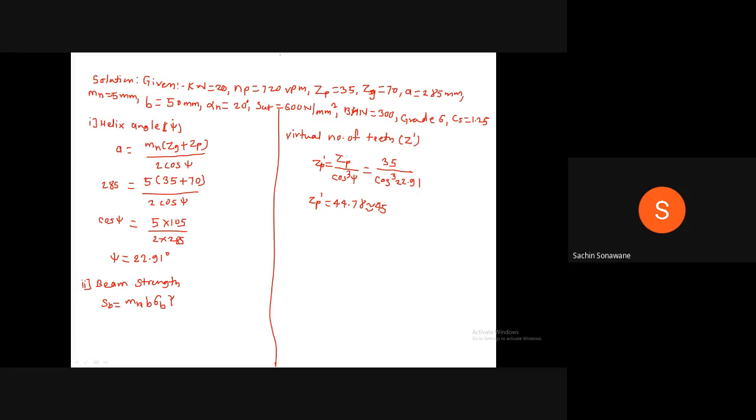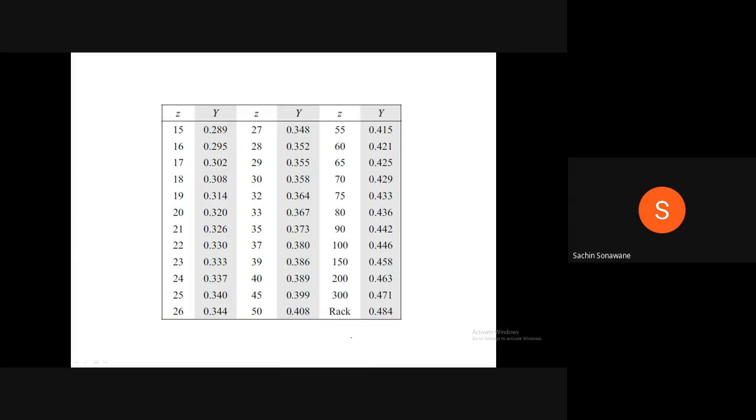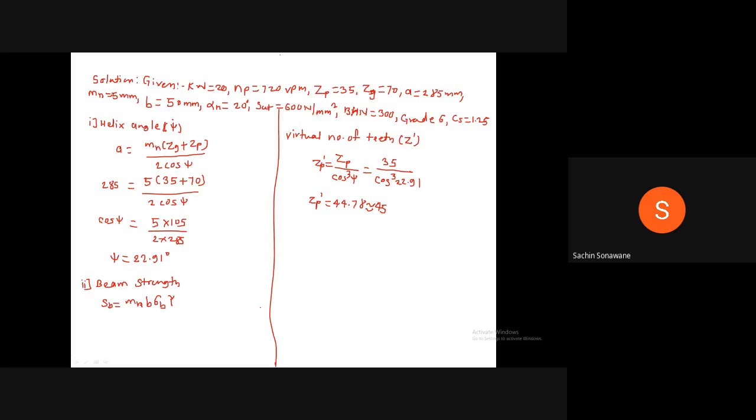Therefore, from this table, what is the value of Y? See that this is the value. 0.399. Therefore, write down.